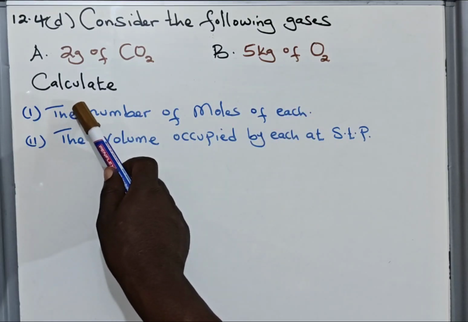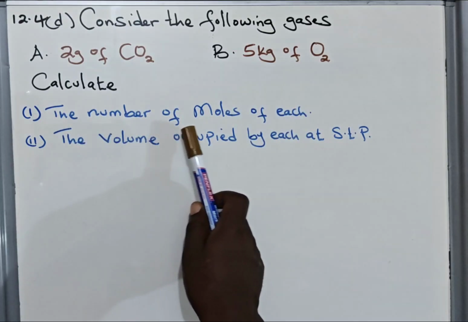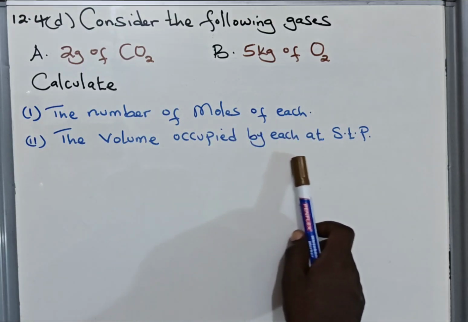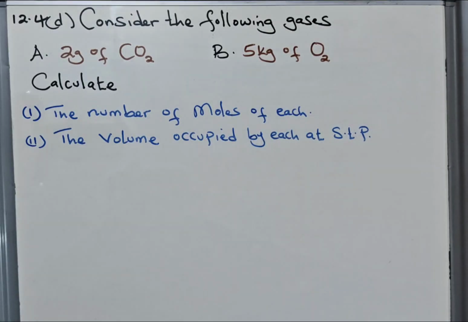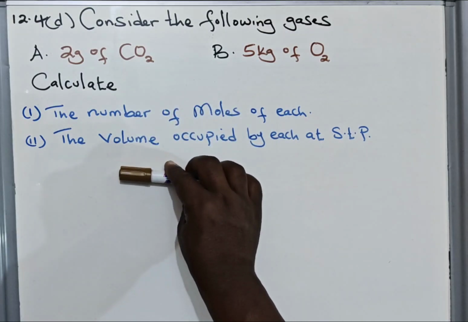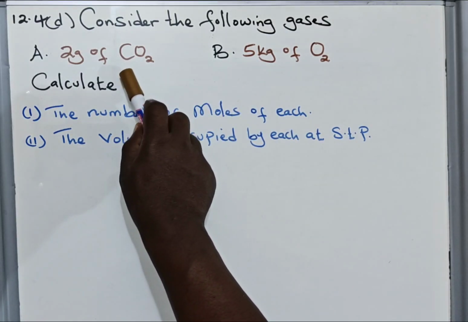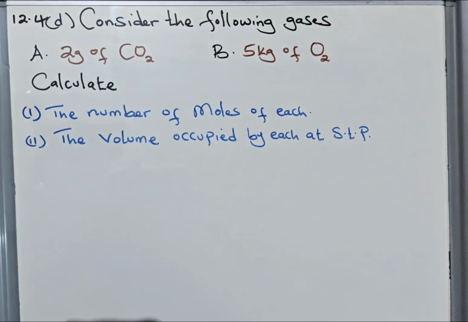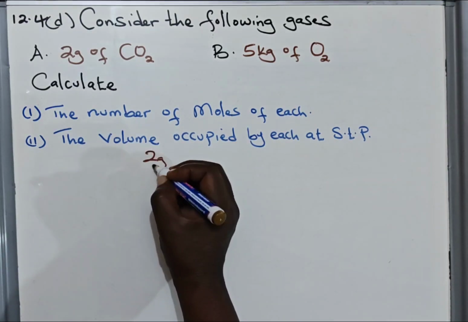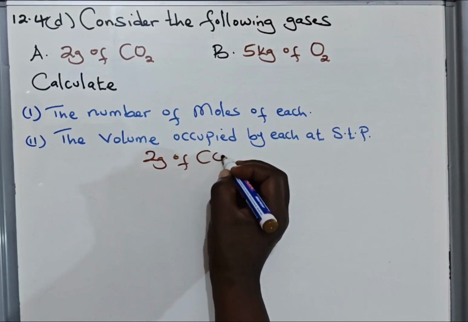Calculate 1, the number of moles of each, and 2, the volume occupied by each at STP, or standard temperature and pressure. To establish a perfect relationship between these two questions, we are going to consider one gas at a go. Let us look at 2 grams of carbon dioxide first.